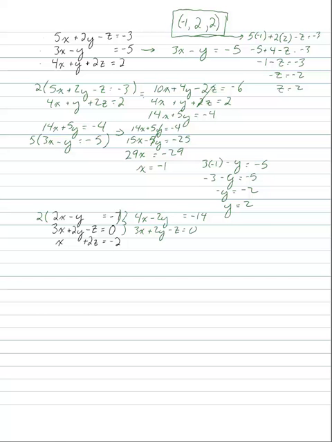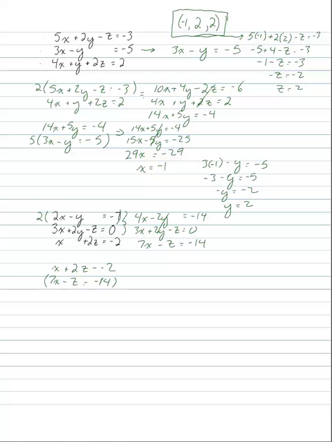Add them. 7x, my y's do eliminate, minus z equals negative 14. Okay, so now I have 2 equations. I have x plus 2z equals negative 2, and 7x minus z equals negative 14, that have just the same 2 variables.